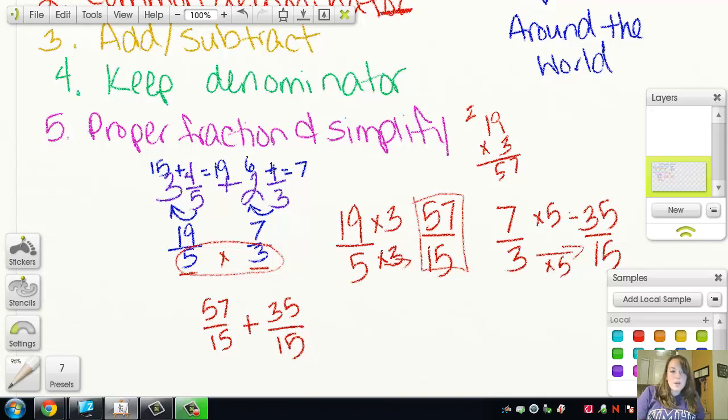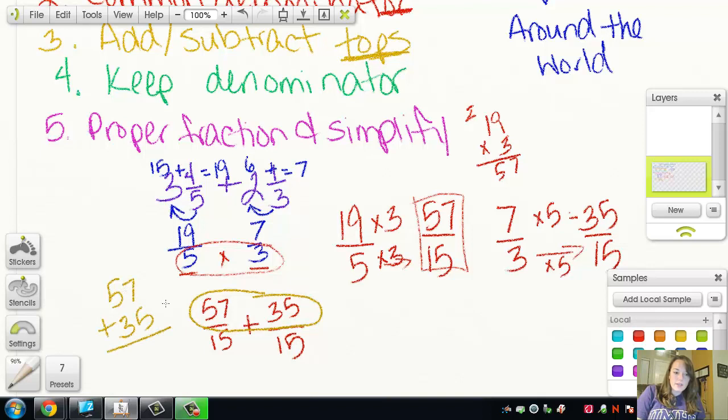My third step is to add or subtract the tops. Tops only. So I'm going to add 57 and 35. 57 plus 35. 7, 8, 9, 10, 11, 12. 5, 6, 7, 8, 9.